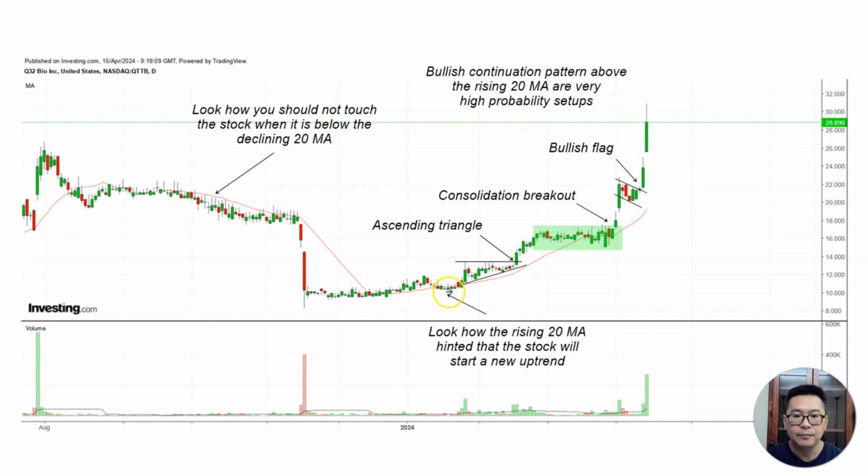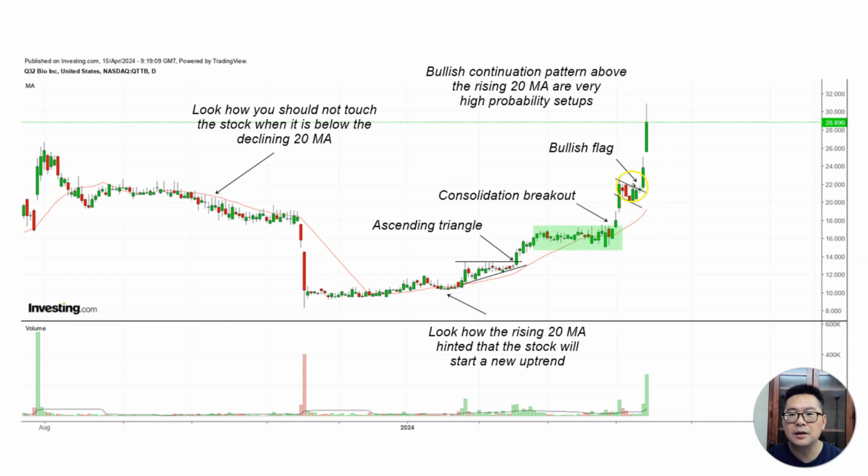Here we have the 20 MA, we have an ascending triangle, buy it, put a stop loss, boom, move higher. Consolidation sideways at the rising 20 MA, buy it, put a stop loss, ride it higher. And then there's a bullish flag here, buy it, put a stop loss, boom, higher. And remember, the stock has gone up too fast, too far away from the 20 MA.